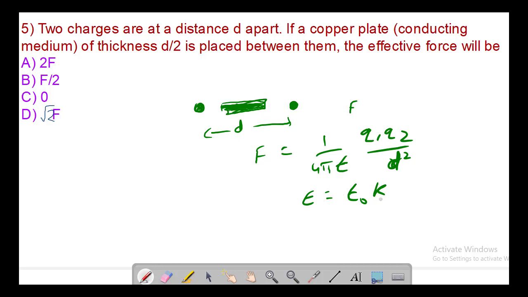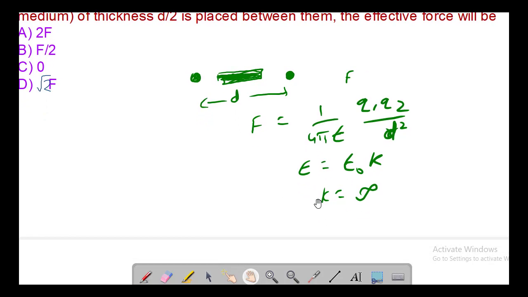Now in this case, copper is a metal and a conducting medium. For that case, k is infinity. Okay, for air k is 1, but for metals and all the conducting mediums, k is infinity. So what we get here is F is equal to, so this epsilon becomes epsilon 0 k.